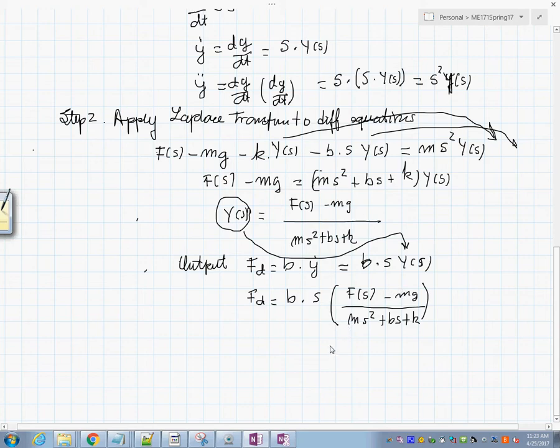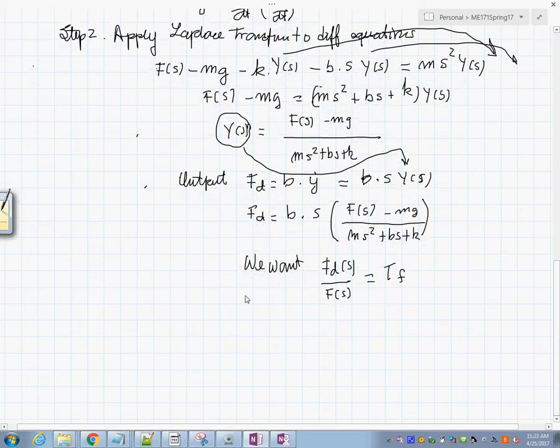Yeah? So in here, we want the relationship between Fd of s and F of s. This is the transfer function that we are looking for.